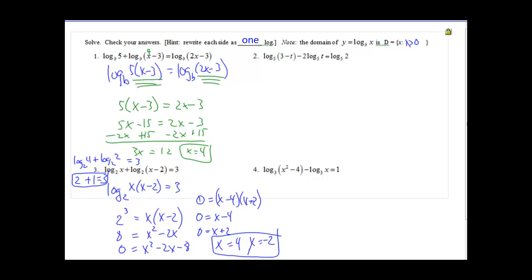That works out. If we take the negative 2 and plug it in on this side, we're going to get log base 2 of negative 4. You can't have a negative 4 for the log. So this one does not work, and the answer is just 4.